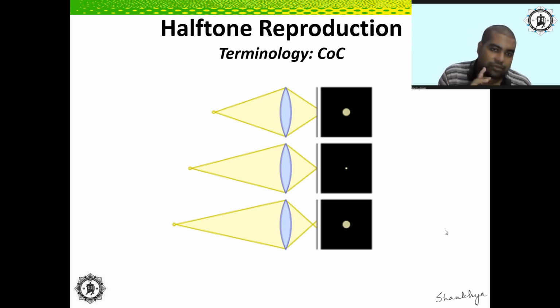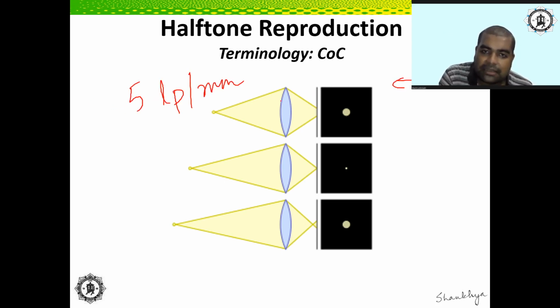To put it very simply, if you hold a book containing an image 25 centimeters away from your eyes, and that image has a resolution of 5 line pairs per millimeter, that means in every millimeter there are 5 vertical lines and 5 horizontal lines like this.